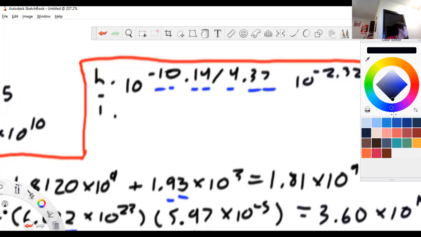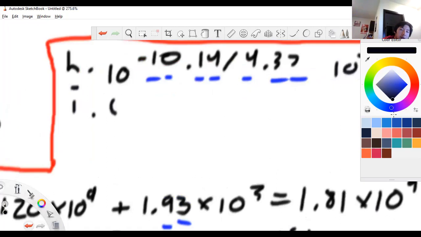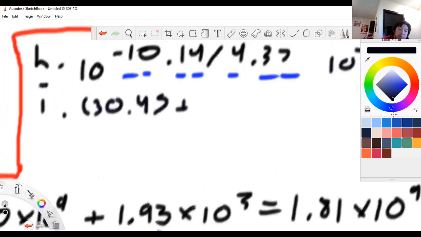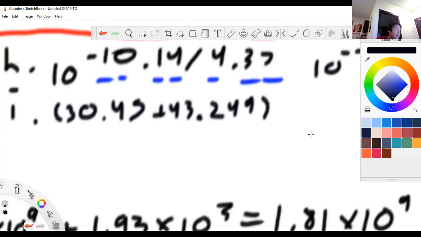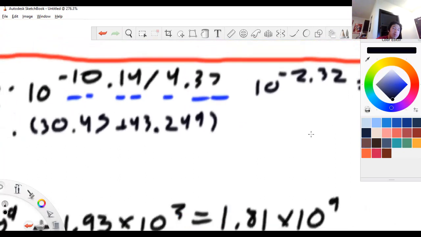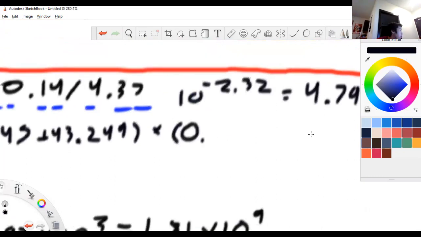We're looking at 30.45 plus 43.249 times 261.